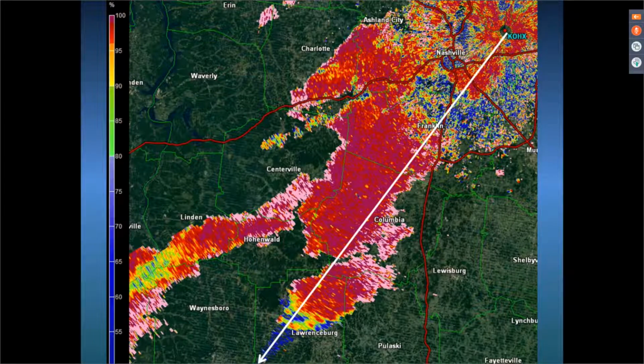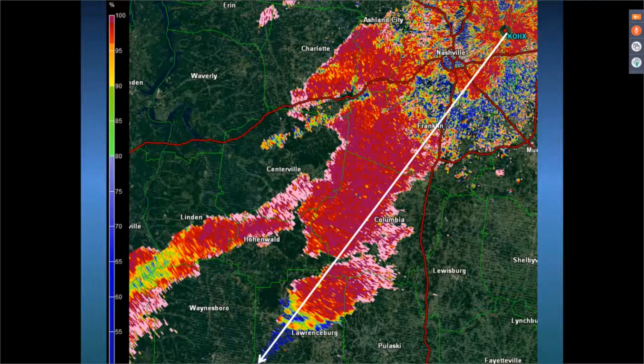And if you look at the dual pole CC product on the radar, this is also a great way to see a hail spike on the radar. So really low CC, especially in that spiky area to the southwest of the storm, indicates that that's not realistic. That's not a meteorological signature.